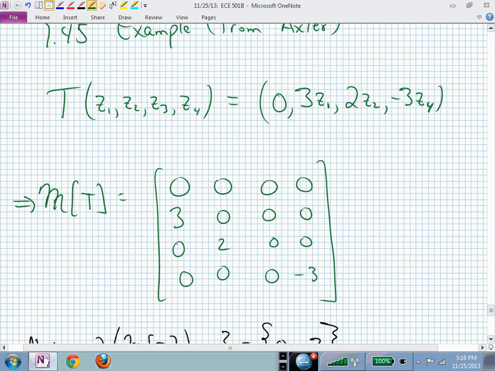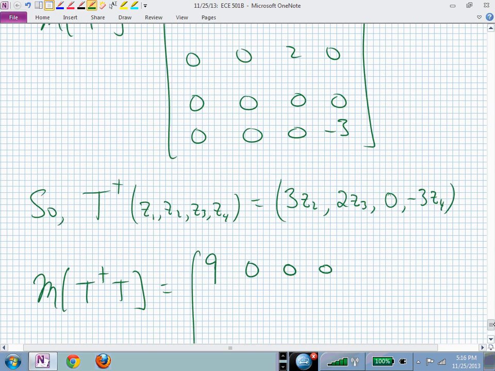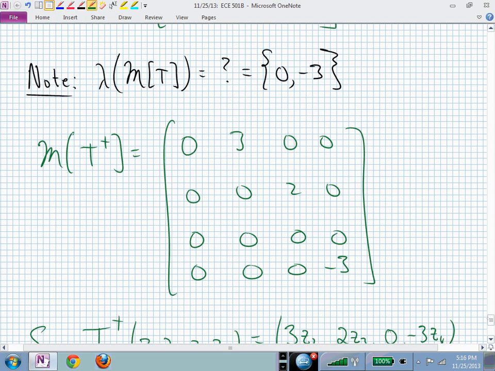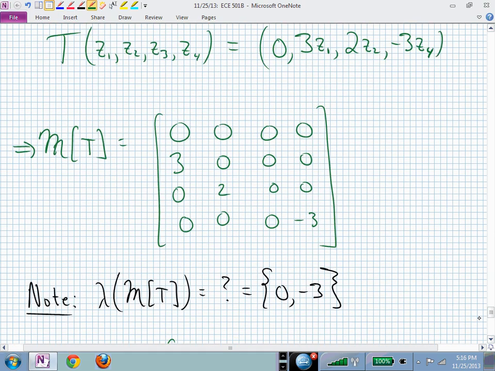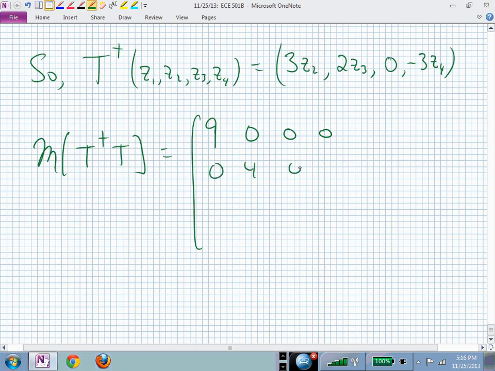That's going to give me a 9, 0, 0, 0. If I now look for the second row of T dagger T, that's going to be 2 times the third row. And that's now 0, 4, 0, 0.